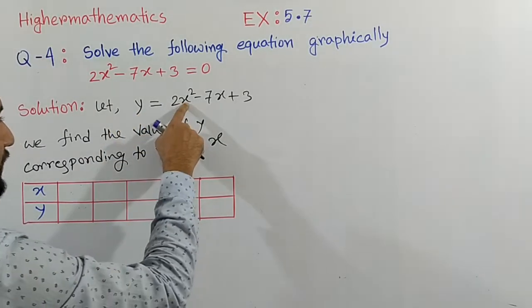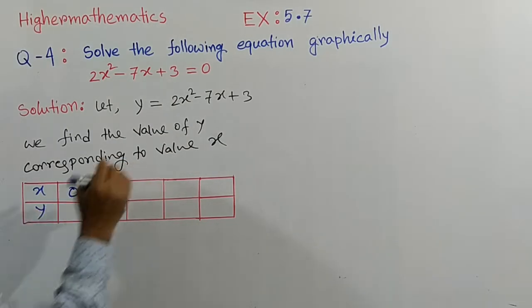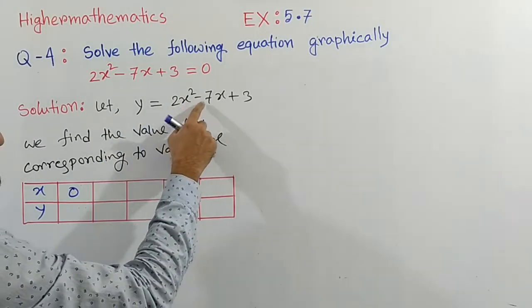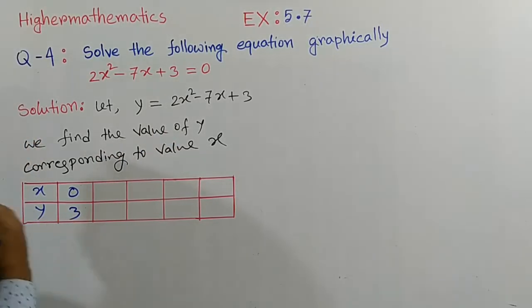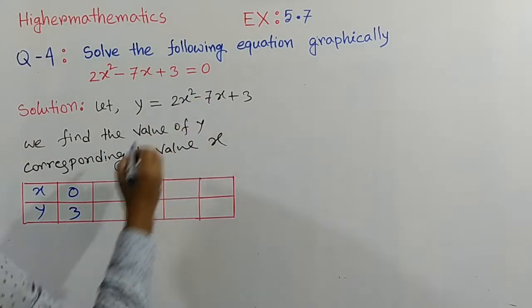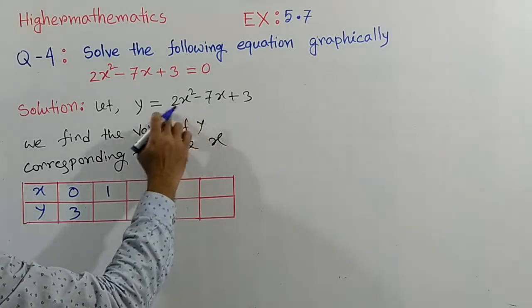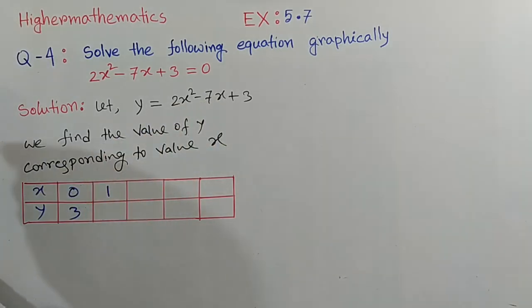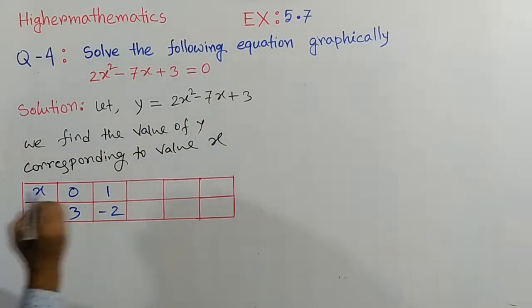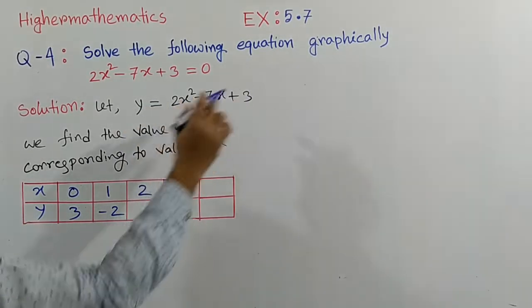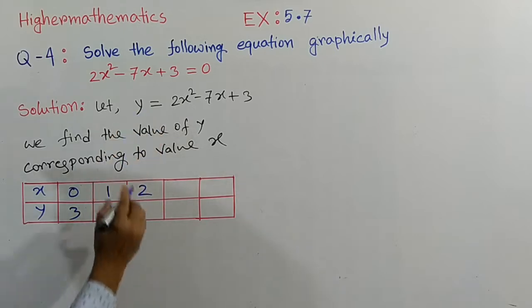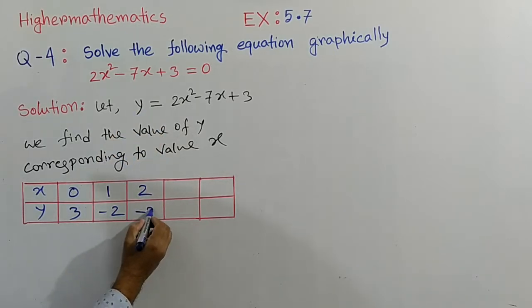Now for x equal to 0, using this equation, 2 into 0 minus 7 into 0 plus 3, that means y equals 3. If x equals 1, then by using the calculator we can find the value of y is −2.